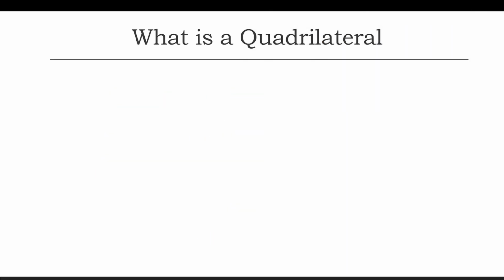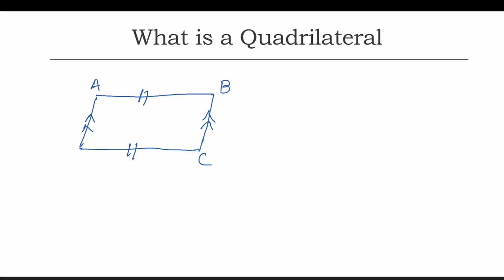Now let's move to the next one. The second type could be where both pairs of sides are parallel to each other. So this and this are parallel, this and this are parallel. A, B, C, D. So these sides are parallel. This is called parallelogram.